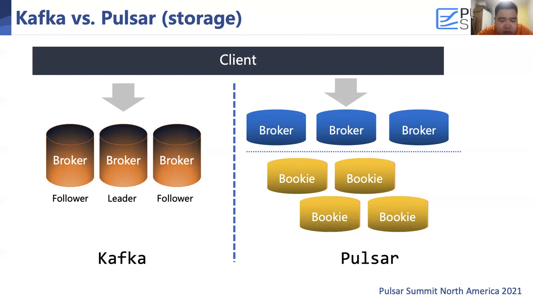Or we can say each bookie is a follower whose leader is the broker. So bookies and brokers are stateless, which makes scaling out very fast. I'm not going to say Pulsar is better than Kafka, but if you have some problems using Kafka, then trying Pulsar is a good choice.